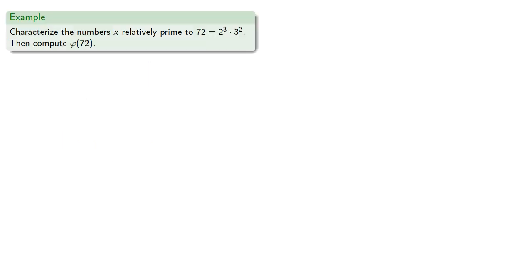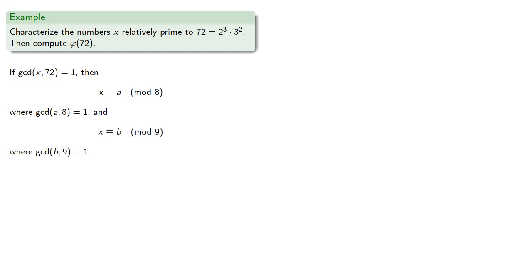So we might try to characterize the numbers x relatively prime to 72, that's 2 cubed times 3 squared, then compute phi of 72. So if the greatest common divisor of x and 72 is 1, then x has to be congruent to something a mod 8, where the greatest common divisor of a and 8 is 1, and x has to be congruent to something b mod 9, where the greatest common divisor of b and 9 is 1.